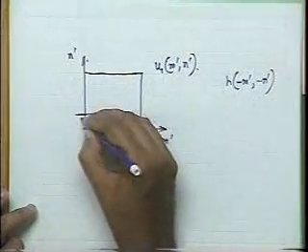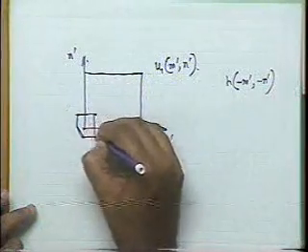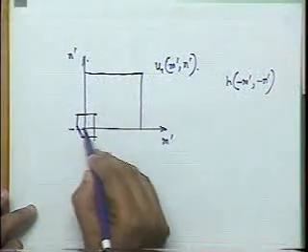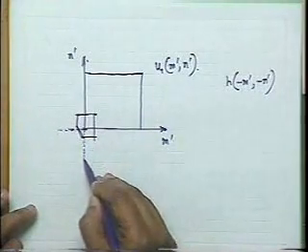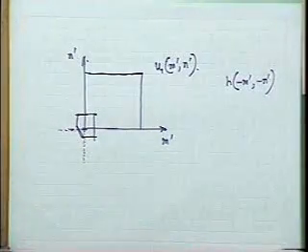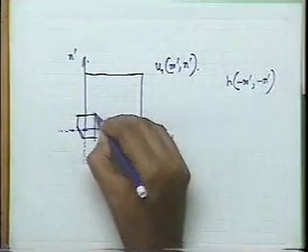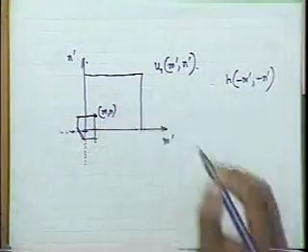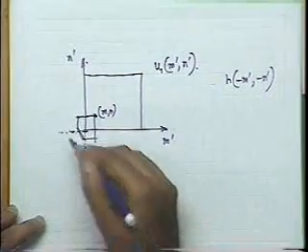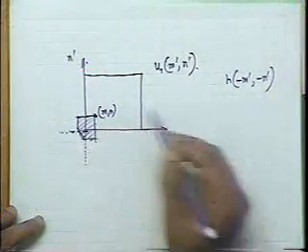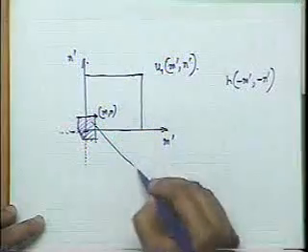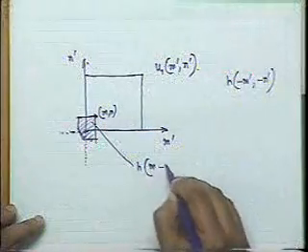If I extend my m prime axis and n prime axis, it is this, and this is the point m n where I have shifted the origin. So what I draw now in this region is nothing but my function H of m minus m prime, n minus n prime, drawn on the m prime n prime coordinate system.